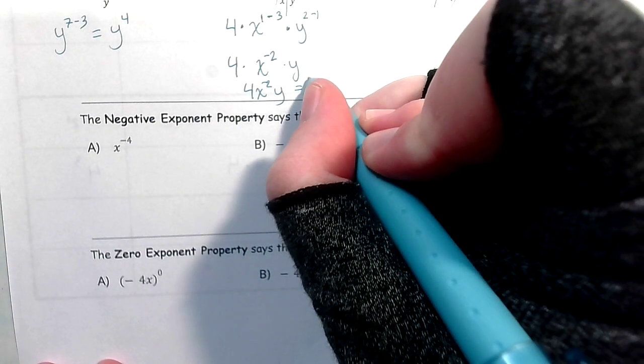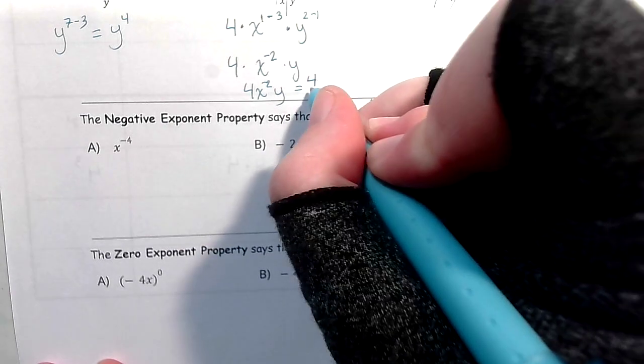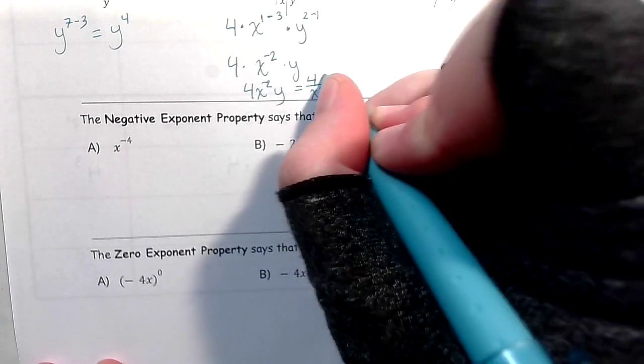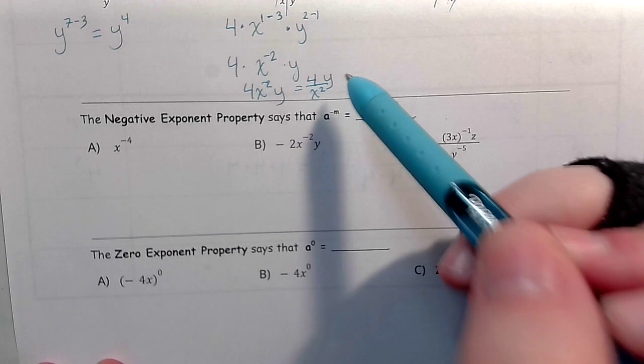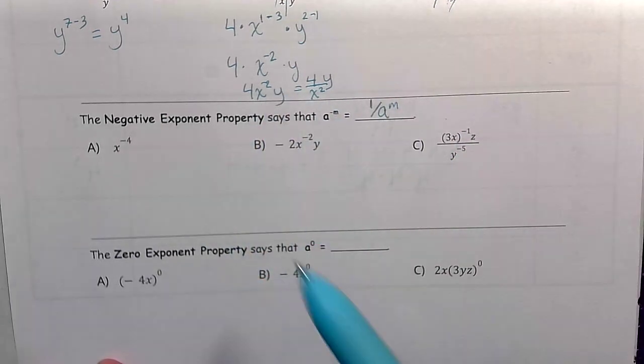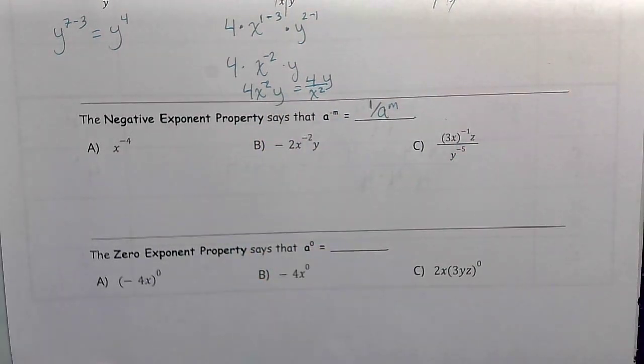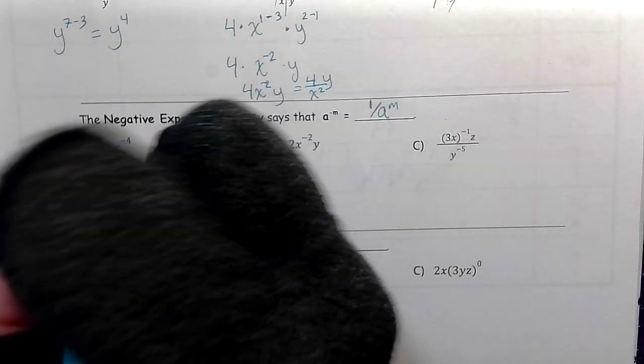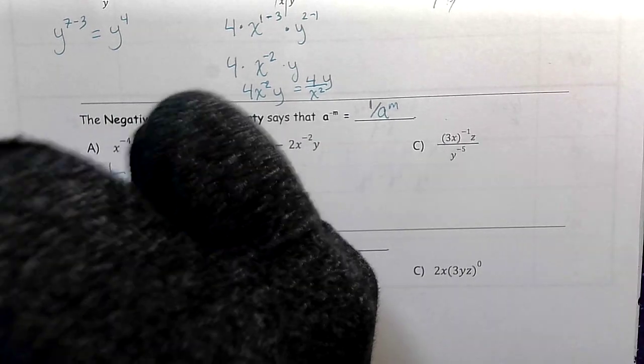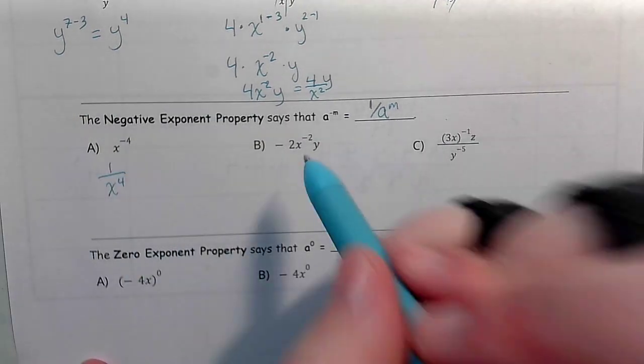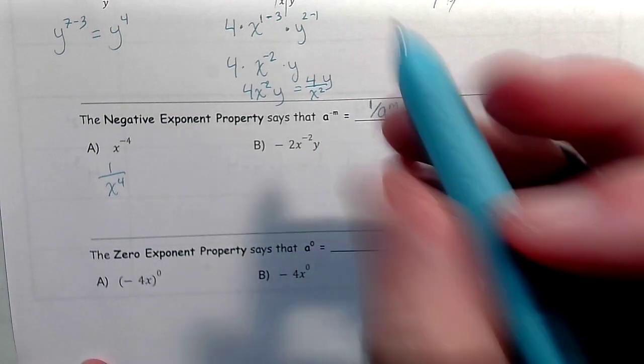So it would be 4x squared y. So 4y over x squared, because the negative drops it down. So x to the negative 4 becomes 1 over x to the fourth. Negative 2x to the negative 2y.